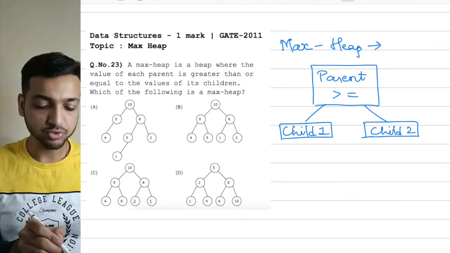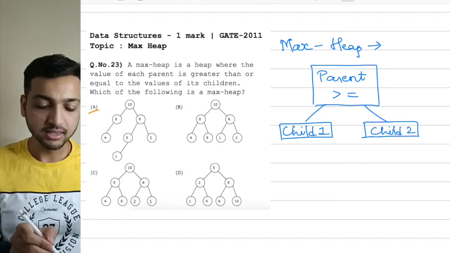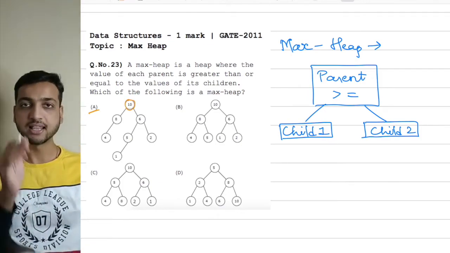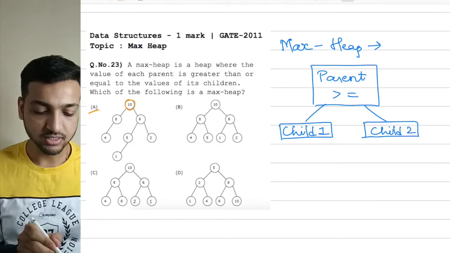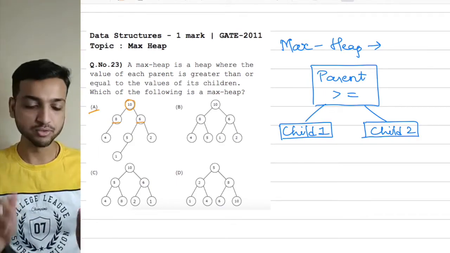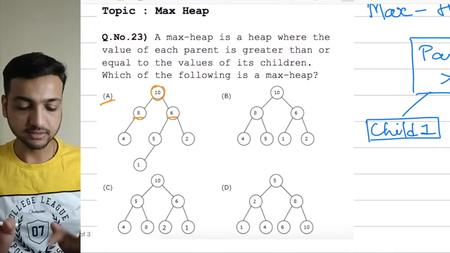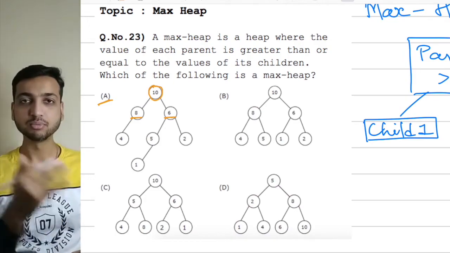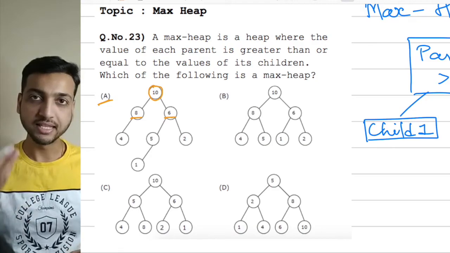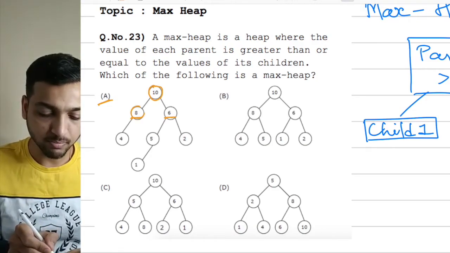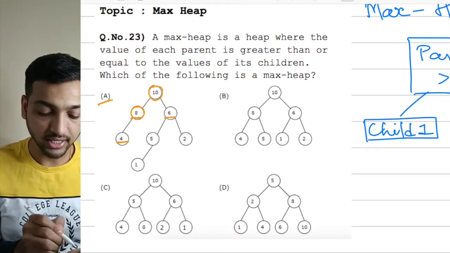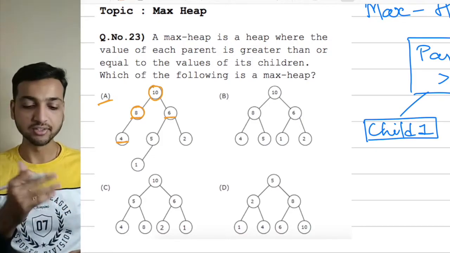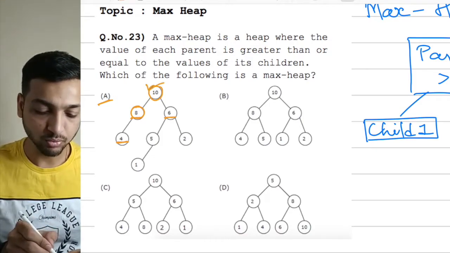So first, let's see option A. Now in option A, this is the root parent, and this parent has two children, which are 8 and 6. Let me zoom in here. Yes. So here clearly the parent's value is greater than both of its children. Now we go to the next node. This is also a parent, and this is a child, and its value is greater than its child. So no problem with this node.